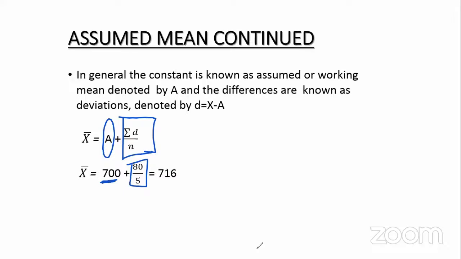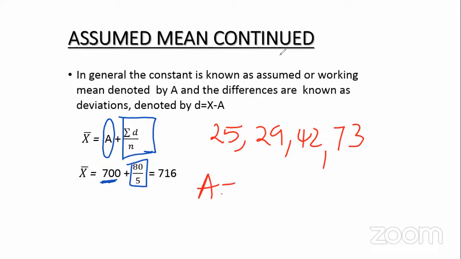Is the assumed mean constant, or can it be any value that fits all the numbers given? No, assumed mean can be any number, but sometimes you take the assumed mean with some logic. I was just reading that from a chat. For example, if I give you numbers like 25, 29, 42, and maybe 73, I cannot say the assumed mean is 300.